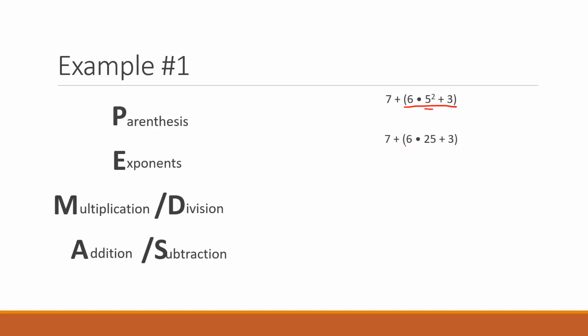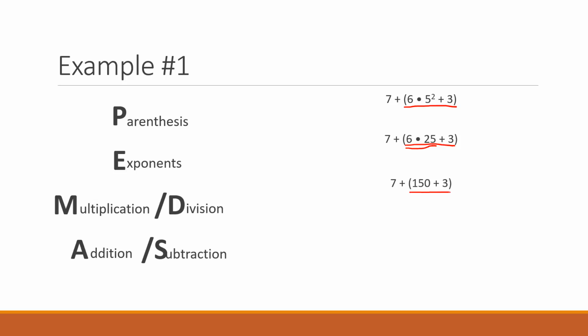Now we're still inside the parentheses, and inside the parentheses, ask yourself, should I multiply or add first? And if I look over here, multiplication comes before addition. So the first thing I'll do then is I'm going to multiply. And 6 times 25 is 150. Now again, we still have parentheses.